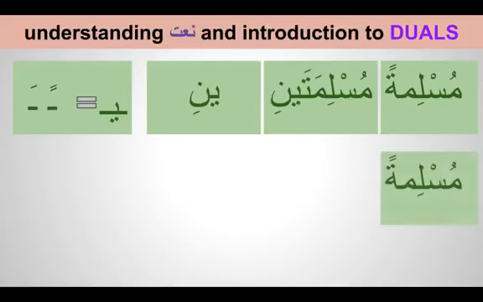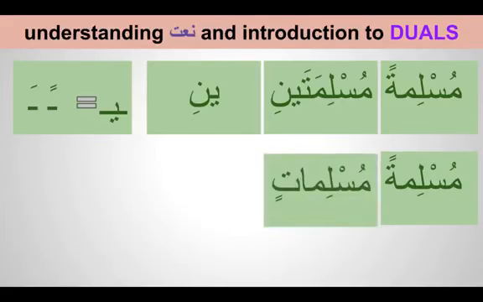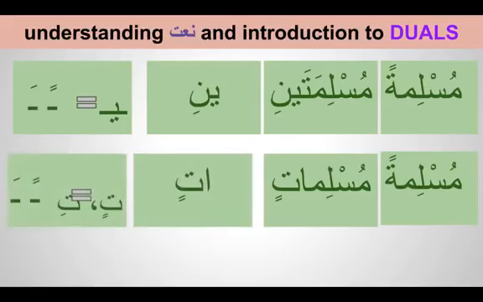So how do we make jama' muannath salim? Muslimatin. So ta with kasra. Even though it is kasra here, we know it is mansoob form. So there is no fatha here, there is kasra, but still it is mansoob form. So this ta with fatha will tell us it is mansoob.